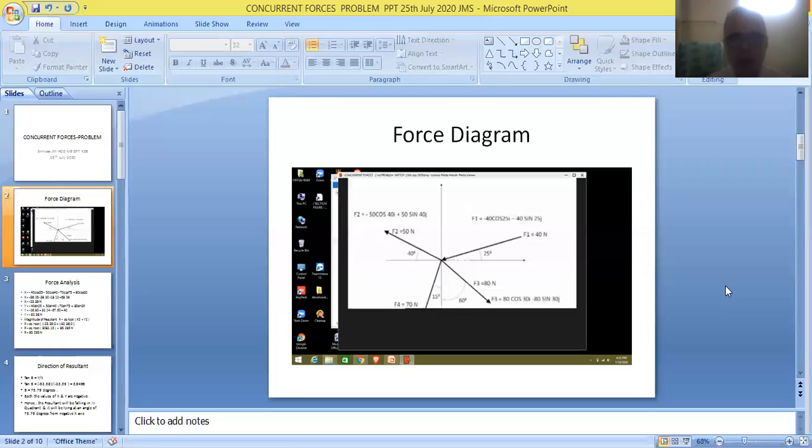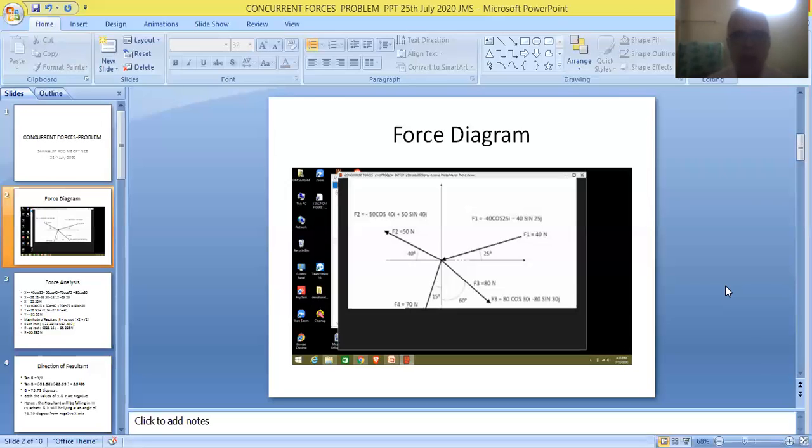So here, capital F is the notation or symbol or letter that is used for indicating the values of forces. And secondly, these values of forces are referred to as magnitudes.